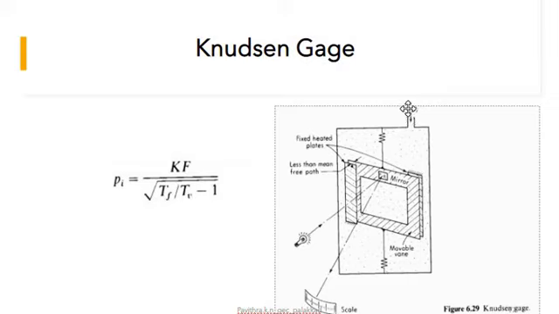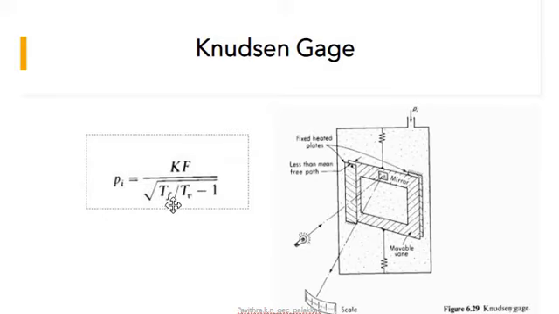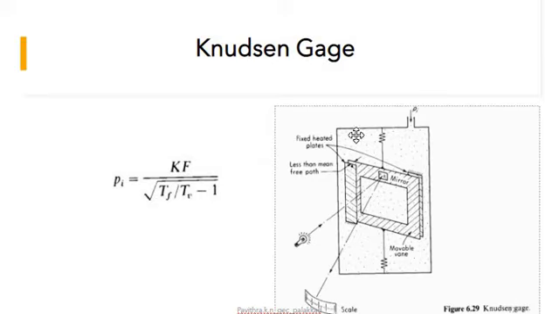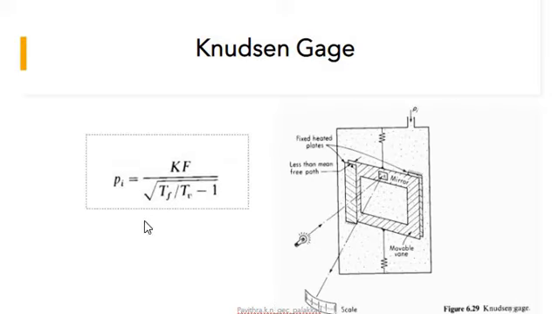This input pressure Pi can be determined from this formula. We know TF and TV, that is, the temperatures of both plates are known, and F is the force. This net force will be proportional to the movement of the movable vane. So by calculating the deflection, we can obtain F, and if F is known, this equation can be calculated, by which Pi can be measured.